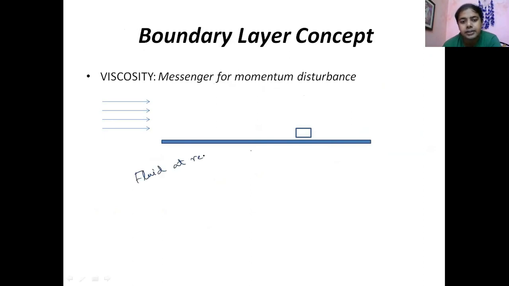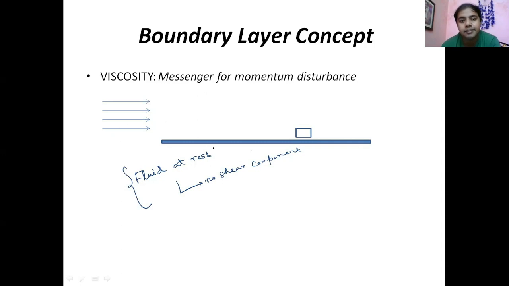For fluid at rest, no shear component will be there. And viscosity is caused by the shear force only, not by the normal force. So if the fluid is at rest, though it has viscosity, it does not come into consideration.